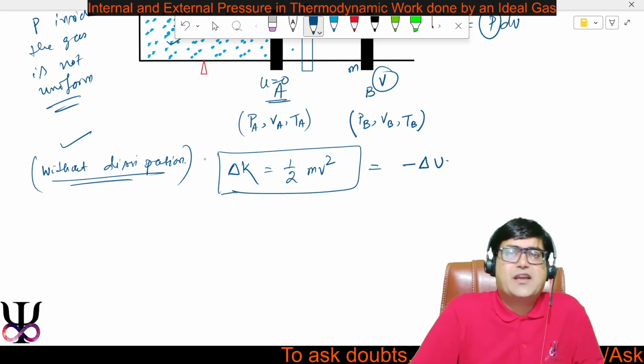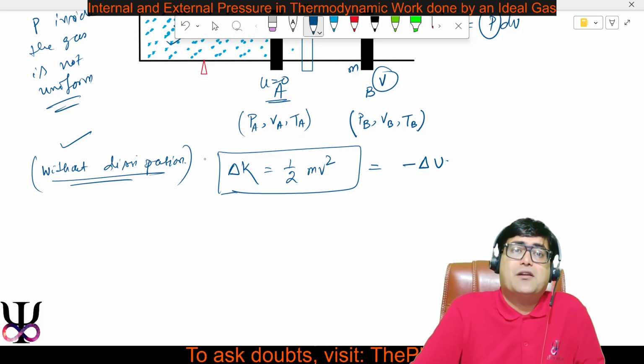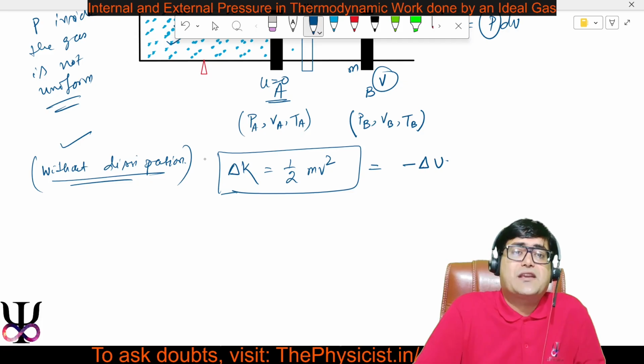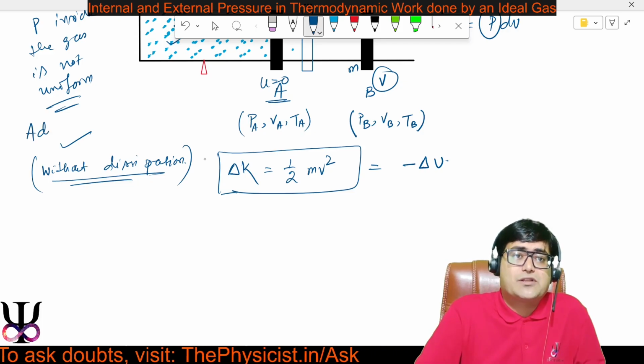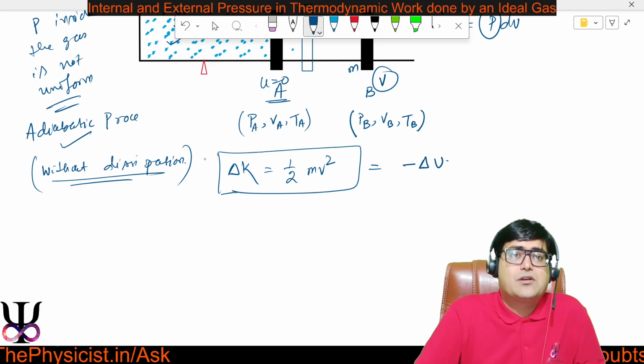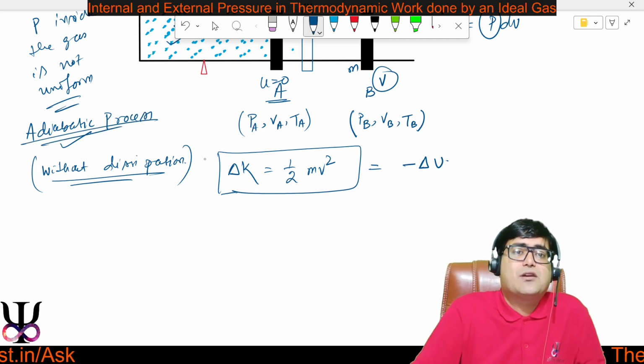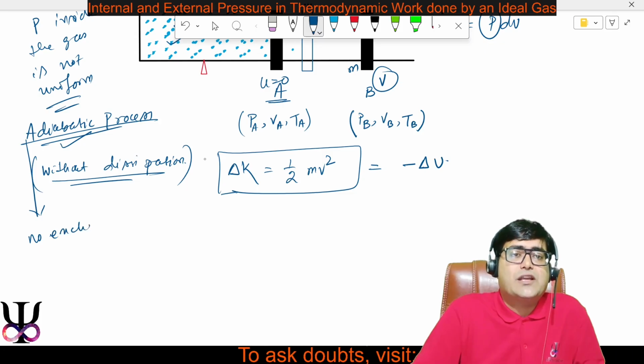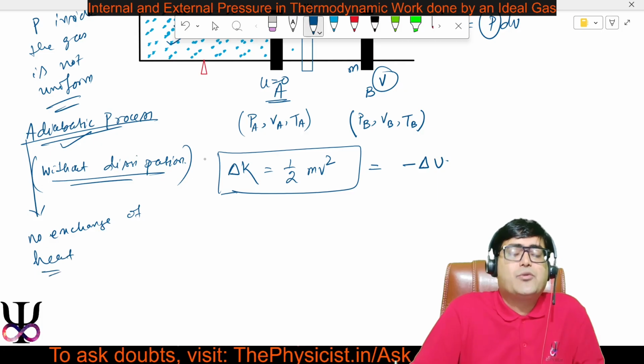So from that you can calculate, and this is exactly without dissipation, and we are saying it's an adiabatic process. What does adiabatic mean? No exchange of heat between the system and the surrounding.